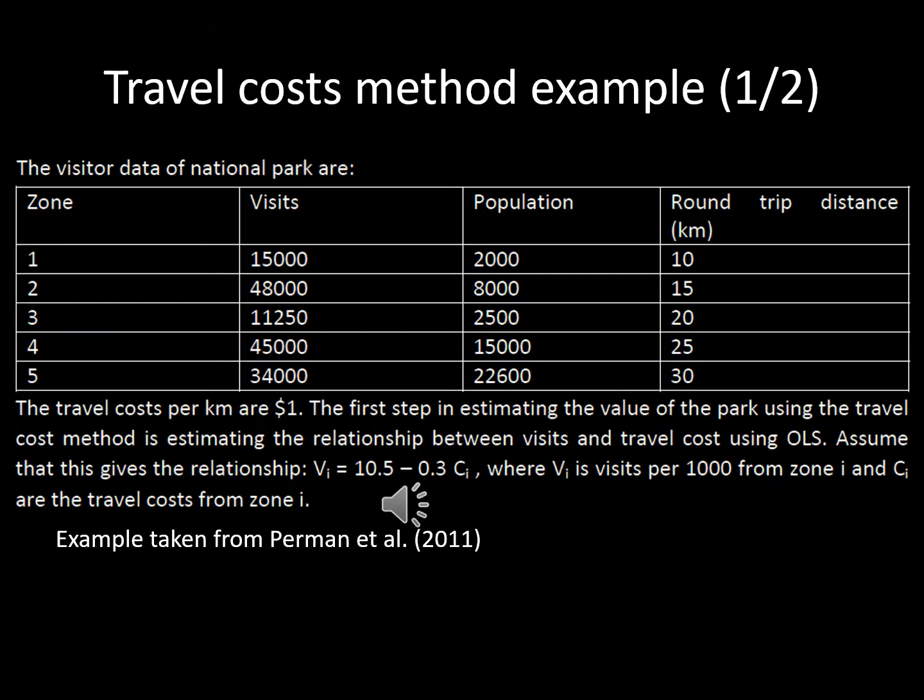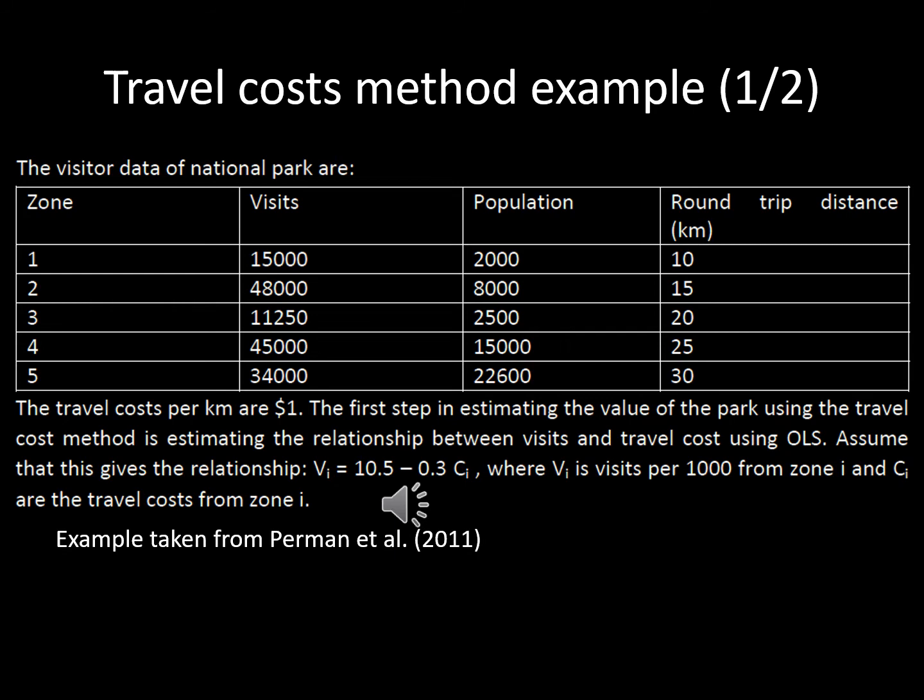Let us consider a hypothetical park, where this example is taken from Perman and colleagues. The park authority kept visitor records depicted in this table by distance from the park. A first step in estimating the park's value is by finding a relation between the number of visitors and travel costs.